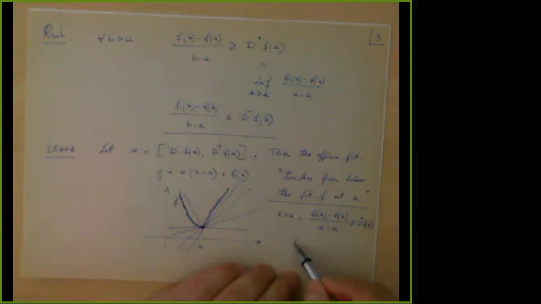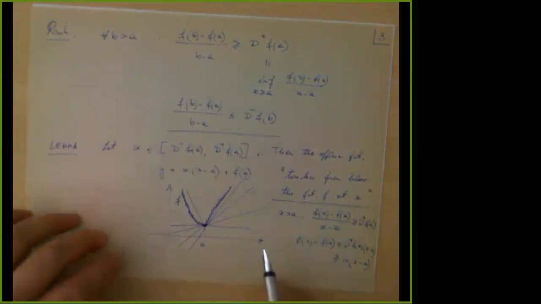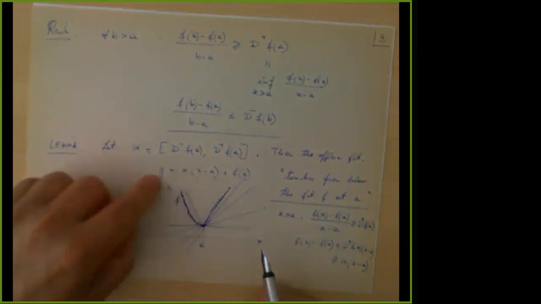This obviously implies that f of x minus f of a is larger or equal than d plus f at a multiplied by x minus a. But since alpha is less than that, this is larger or equal than alpha times x minus a. And so you see that f of x is larger than the y corresponding to x.